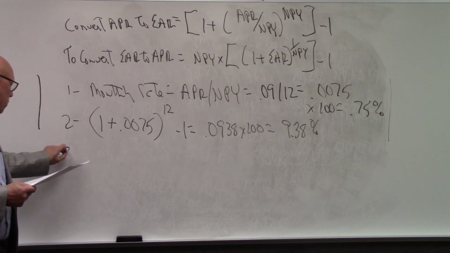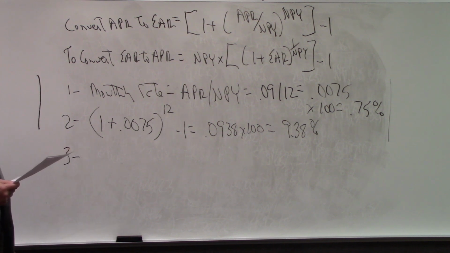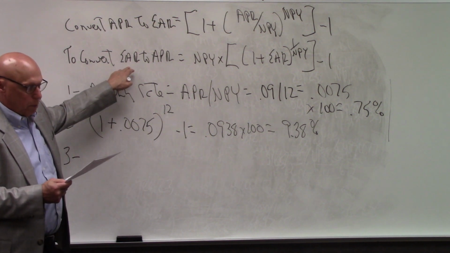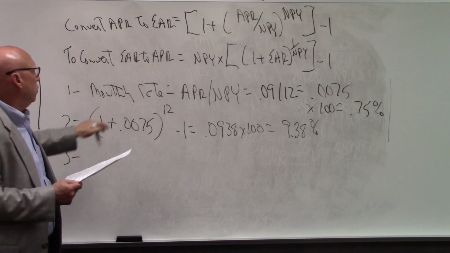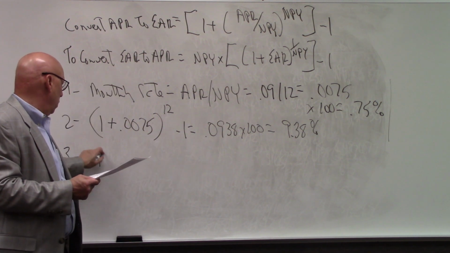All right, 3. You've calculated an effective annual rate on the loan to be 14%. So now we're going to convert an EAR to an APR. What APR did the bank quote? All right, so number of periods per year, 12.